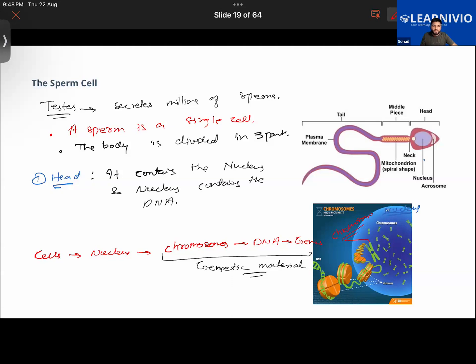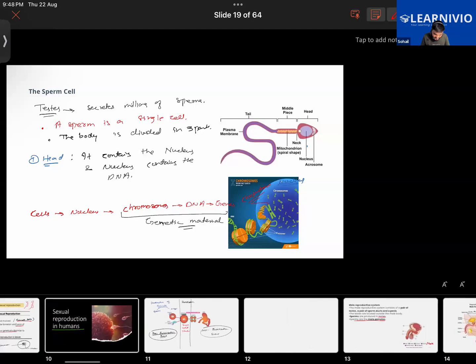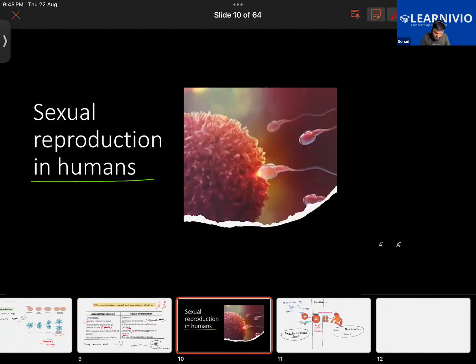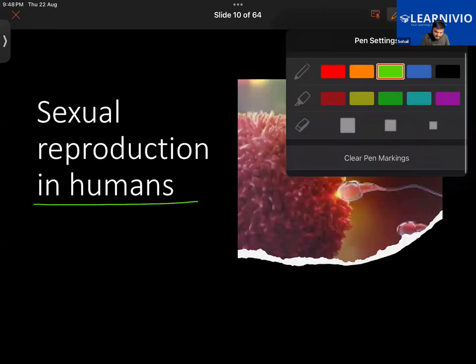Now talking about the role of the head. The head contains the nucleus. The nucleus contains DNA, chromosomes and genes. All of these are genetic materials, and they contain all the information from the male parent. Once fertilization takes place, once the fusion takes place, only the head of the sperm enters into the ovum.